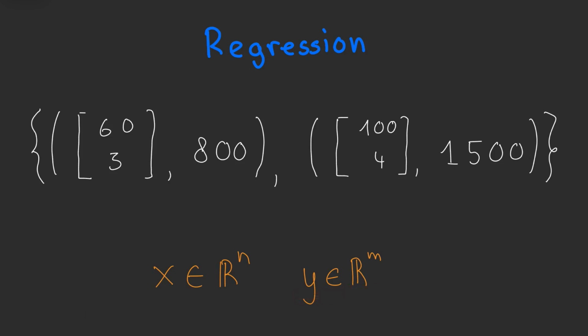And I've written it as a vector because, sure, in our case, we're only predicting the rent price, but we can also predict several values at once. There's nothing stopping us from, for example, calculating a vector which gives us both the price and the estimated number of bathrooms.